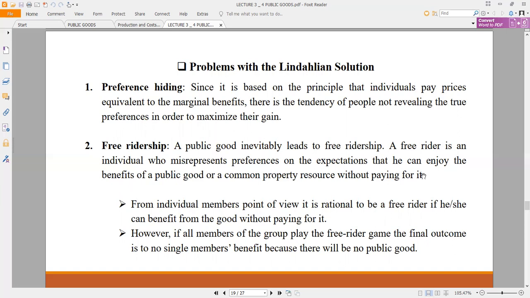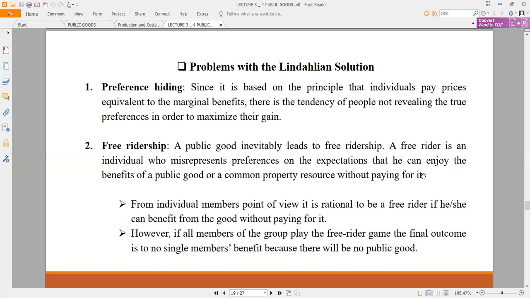So even if the person is willing to pay something, the person might not actually reveal the true value or benefit that he thinks he'll be getting from the good. So when it happens like that, you realize that when we add the two Lindahl prices, we might not get the market price which will be able to cater for the marginal cost. Because if I pay less and I will still enjoy the good, I'll be maximizing my benefit.